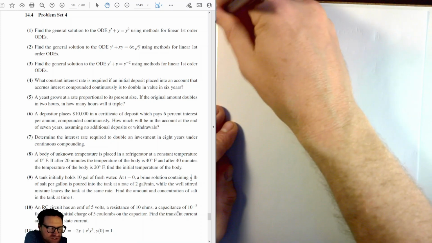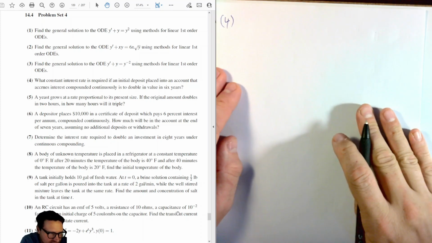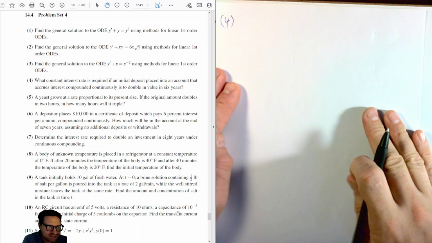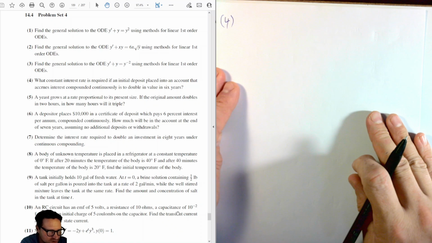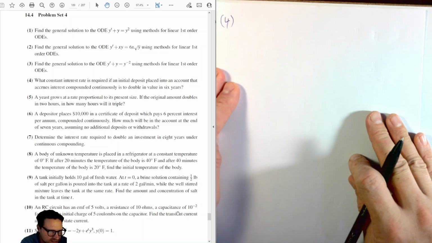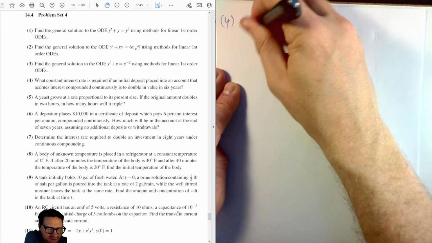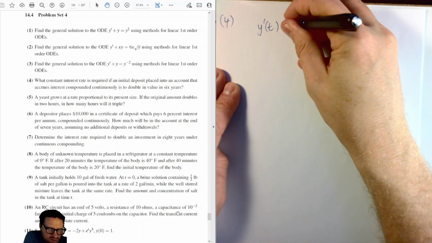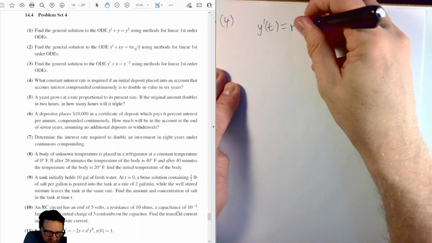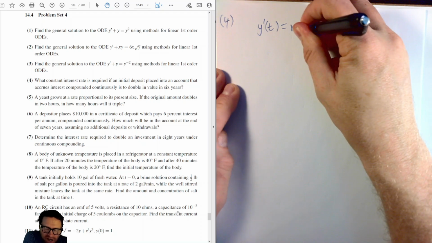So question 4 says, what constant interest rate is required if an initial deposit is placed into an account that accrues interest compounding continuously is to double in value in 6 years? So what we have here is y dash as a function of t is some constant, say r, the interest rate, times y.